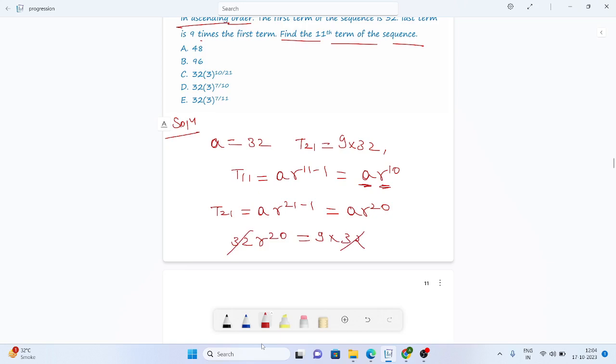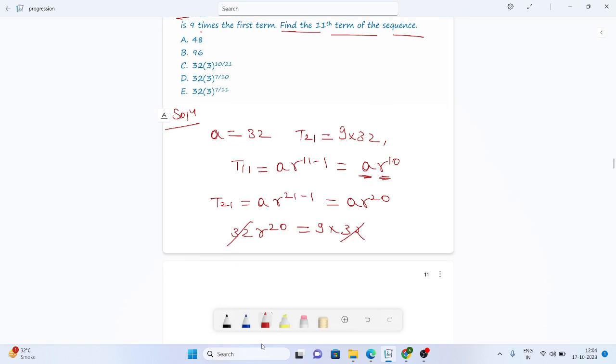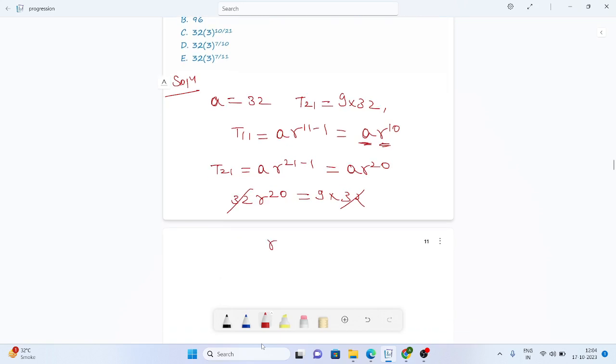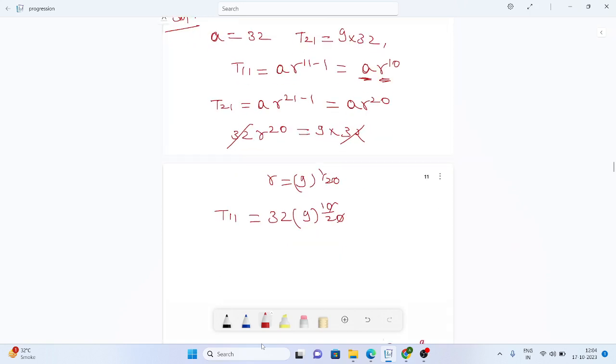Here the 32s cancel out. So what is r? r is nothing but 9 to the power 1 by 20. If I plug this value in, I get 32 into 9 to the power 10 by 20, or I say 32 into root 9, which is nothing but 32 into 3, which is 96.